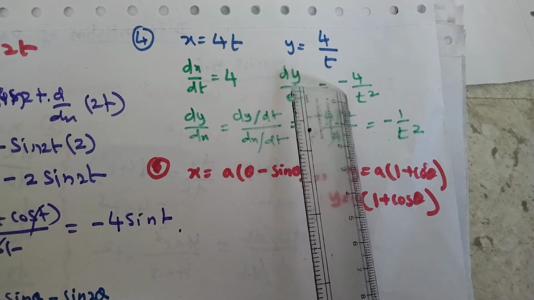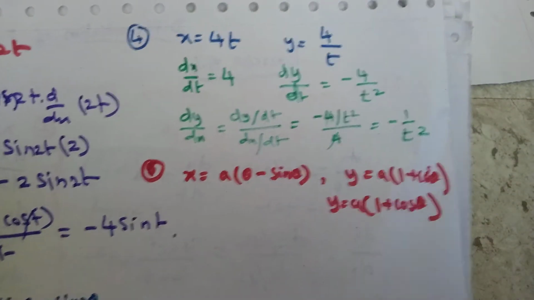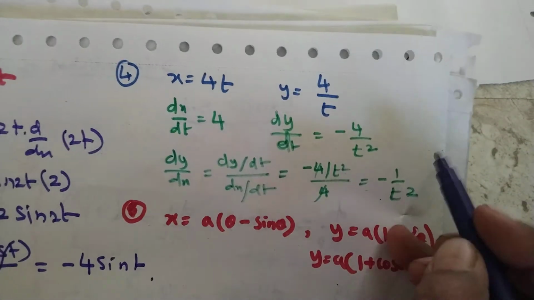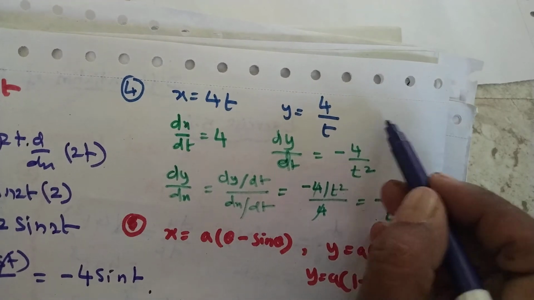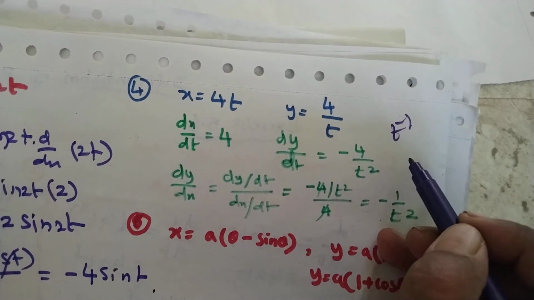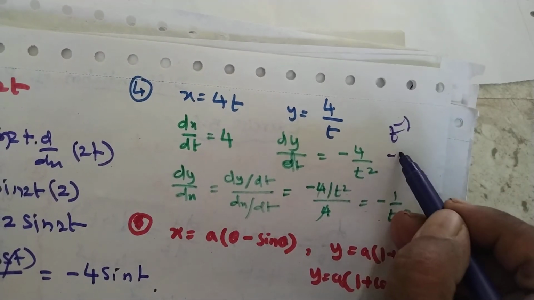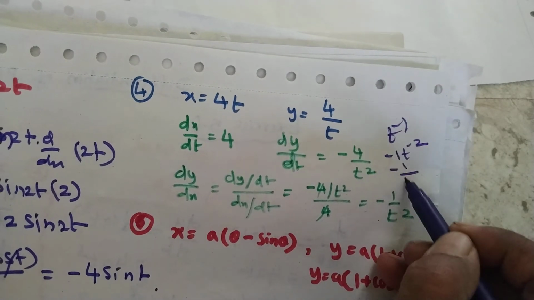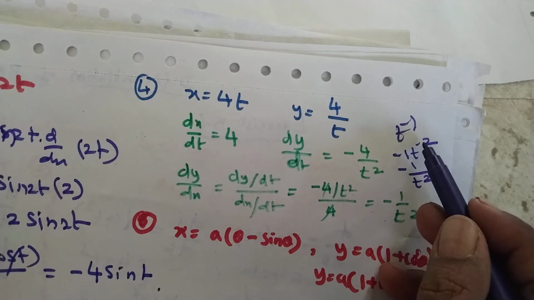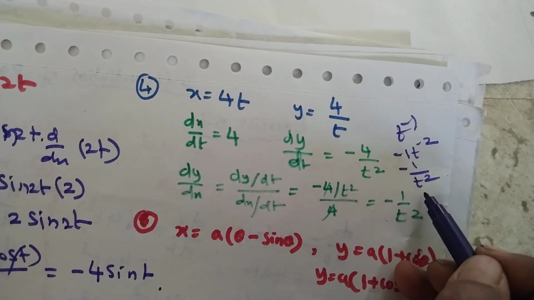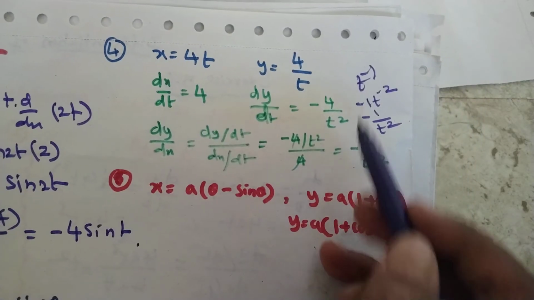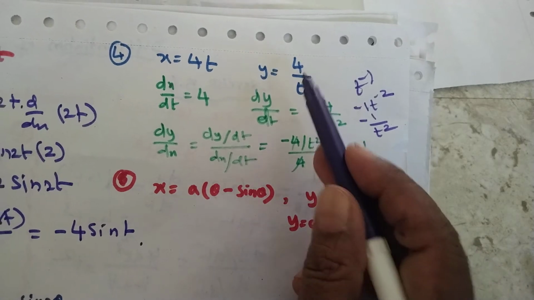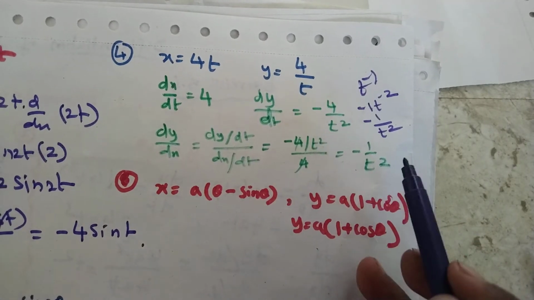Differentiation of 1 by t is minus 1 by t square, because 1 by t means t raised to minus 1. Differentiation of t raised to minus 1 is minus 1 times t raised to minus 2, that is minus 1 divided by t raised to 2.